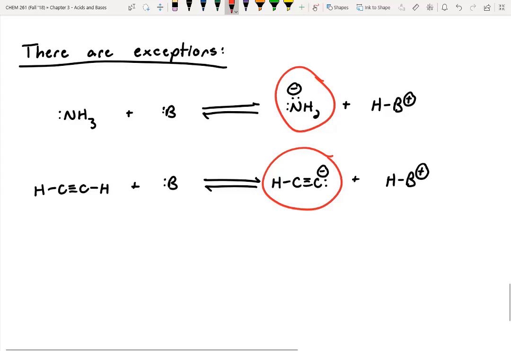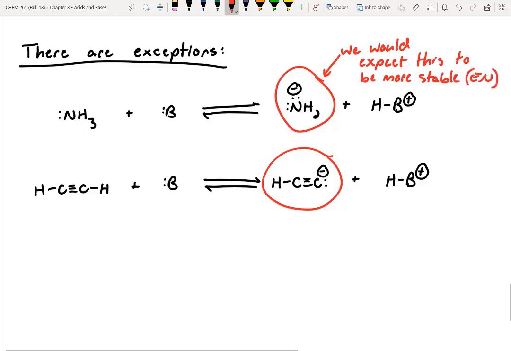So if we look at this one, we would expect this to be more stable due to electronegativity. However, that's simply not true.